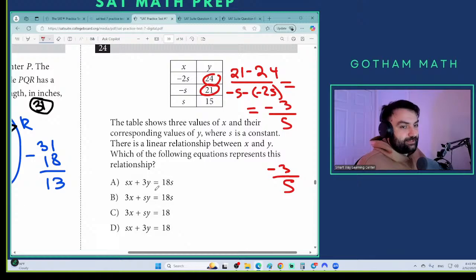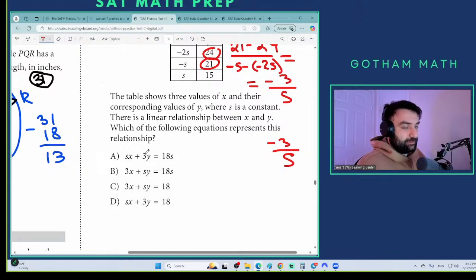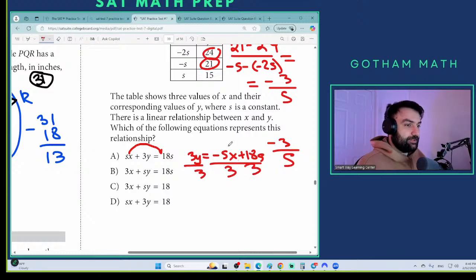And now technically I can make this and all of these in y equals mx plus b form and find what it would be. Let's see. If I put this over there, it's going to be 3y equals -sx plus 18s. Divide everything by 3. Actually, this slope will be -1. But which one will also be, by the way?